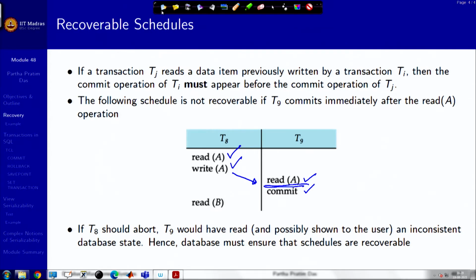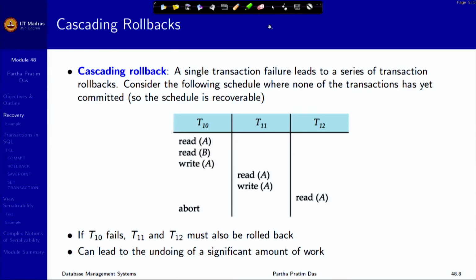So, this recoverability is an important factor.